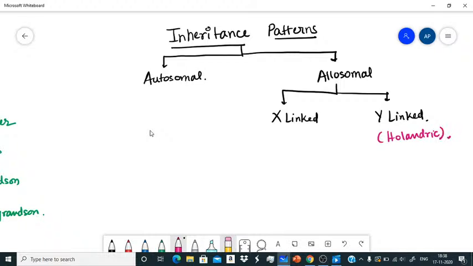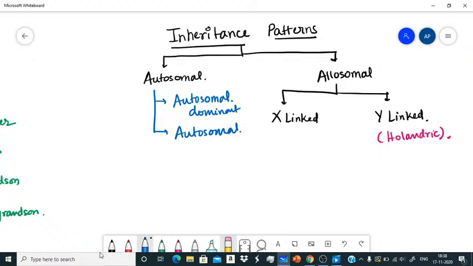Holandric. Right? Now over here, suppose there is a disease, and the disease lies in the autosomal dominant allele, so the inheritance pattern will be autosomal dominant. If it is on the recessive gene, it will be autosomal recessive, right?